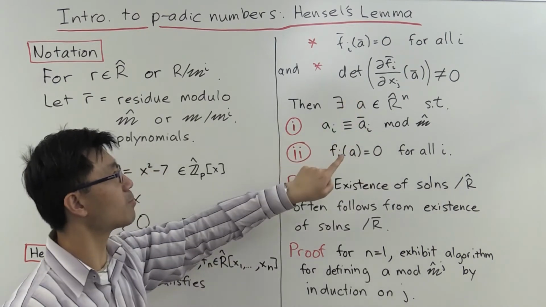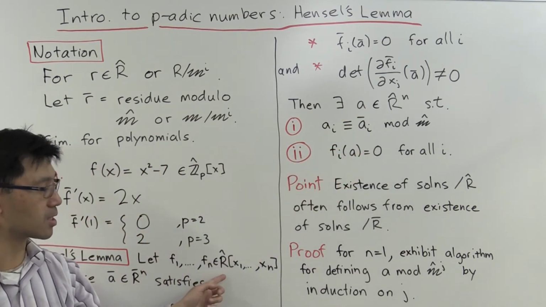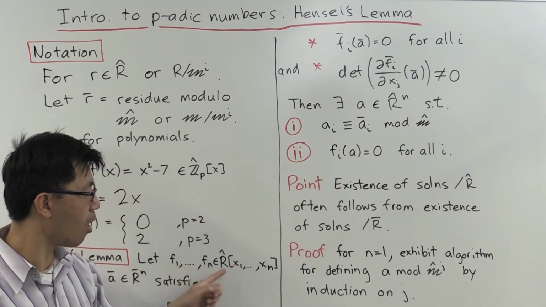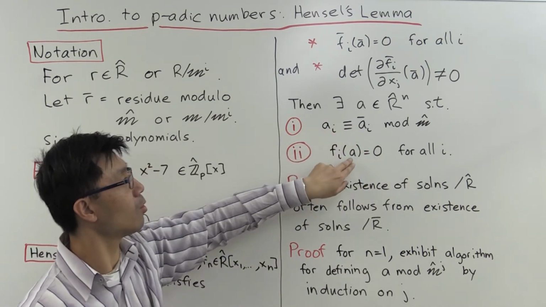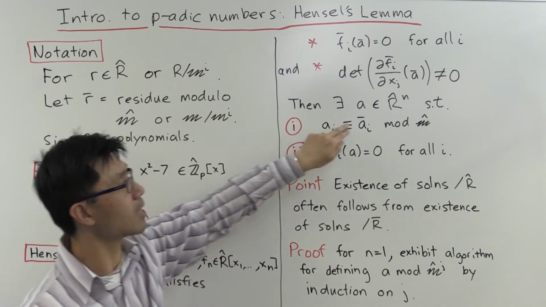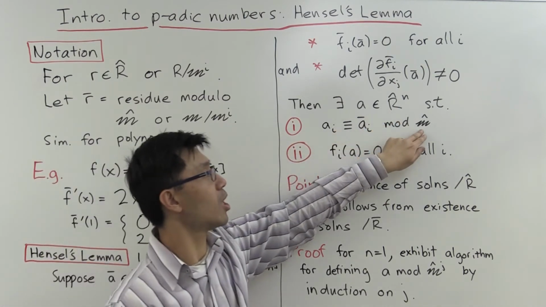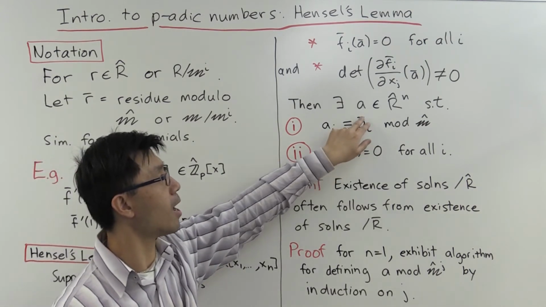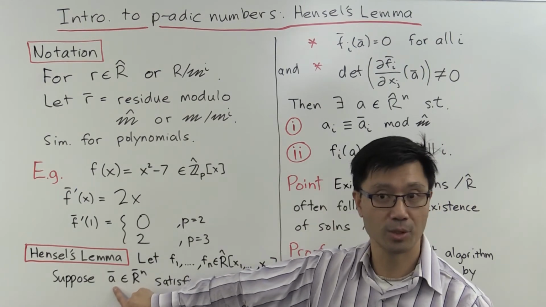So in other words, if you substitute this a into the original polynomials, which have coefficients in R hat, you'll get 0, so you get a solution over R hat. And furthermore, if you look at the ith coordinate of this a, that's some element inside the completion of R, and you look at that modulo M hat, so that's an element of R bar. That's the original a_i bar, the ith coordinate of the solution that you put here.